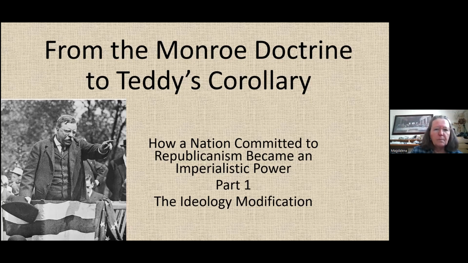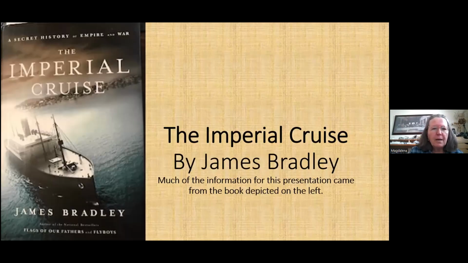Here is the book that I got a lot of ideas from: The Imperial Cruise by James Bradley. James Bradley also wrote a book called The Flyboys. Maybe some people read that. He's a very good writer.